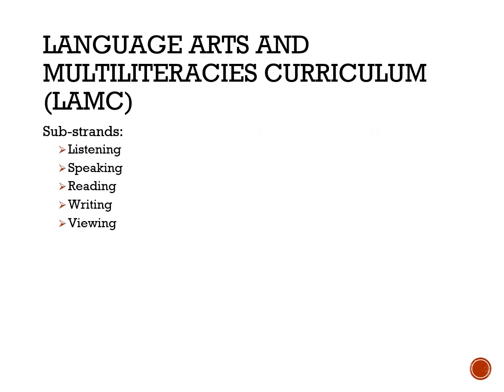The English subject in the basic education level follows the Language, Arts, and Multiliteracies curriculum, which is anchored on language acquisition, learning, teaching, and assessing principles. It consists of five intricately intertwined and integrated substrands, which are listening, speaking, reading, writing, and viewing.